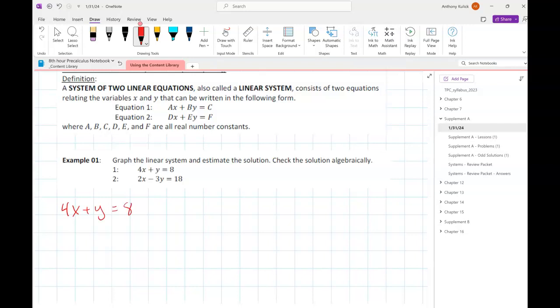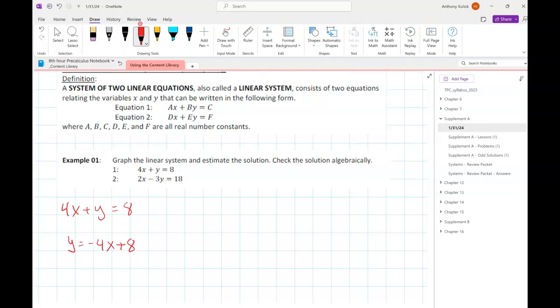I'm going to rewrite it in slope-intercept form, y equals mx plus b. What do I need to do to this equation to get it into slope-intercept form? Get y by itself. Great. How am I going to do that? Subtract 4x from both sides, right?